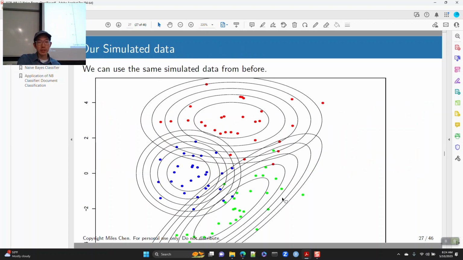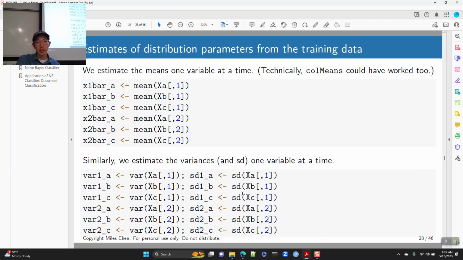So here is our same simulated data that we have from before with red, blue, and green. And to estimate this, we are going to calculate our estimates for each variable, for each class, but just one variable at a time.